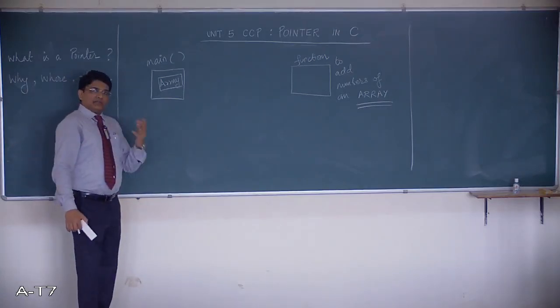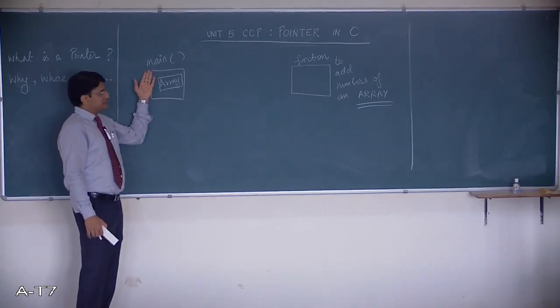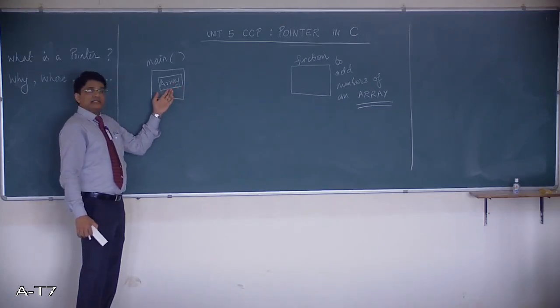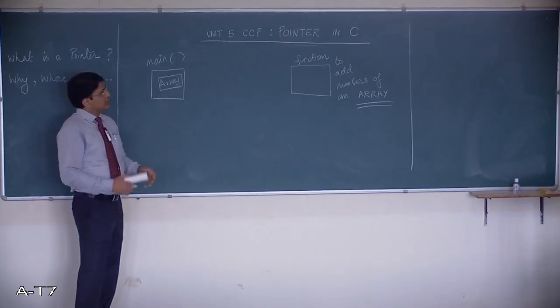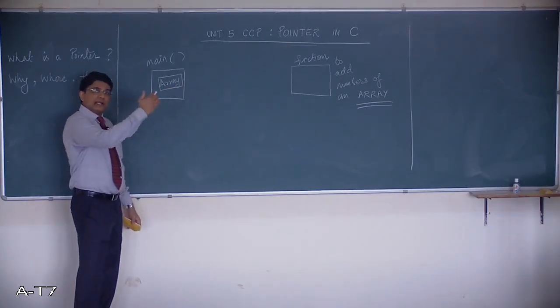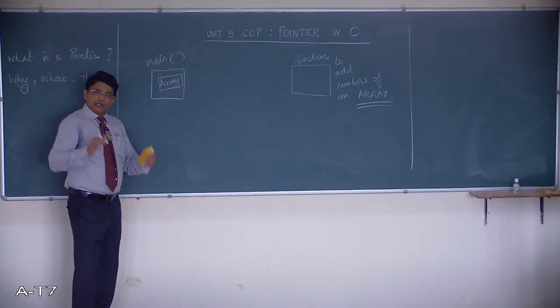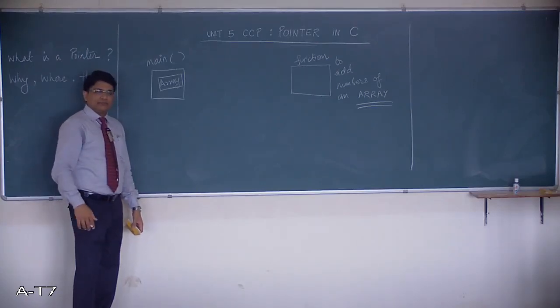What is the second strategy? The main function could call this support function and pass, I repeat, it can pass the address of this array to the function so that the function can access the array at that particular address, do the required operation, give the result to the main function, and finish its job.